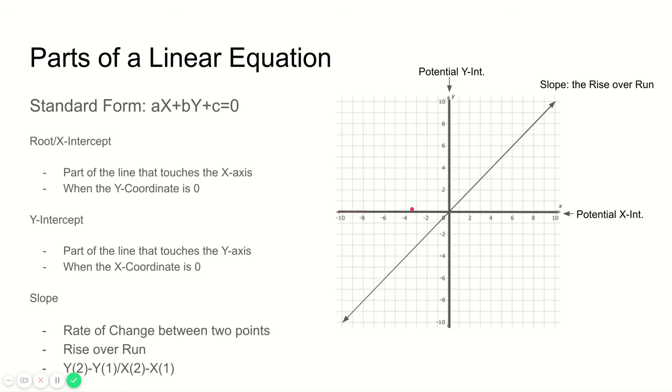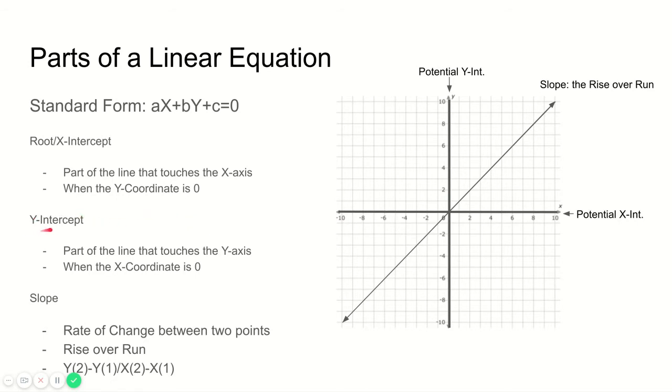And what can we see that is consistent with all of them? Well, the y value for any of these points is 0. Therefore, if we set the y value of any linear equation to 0, we would be able to find x equals a number, and that would be our x-intercept.